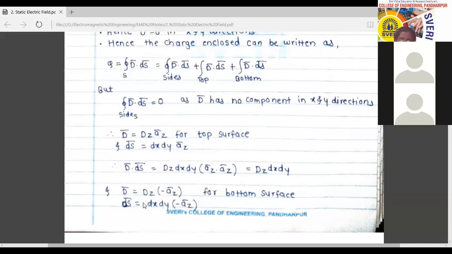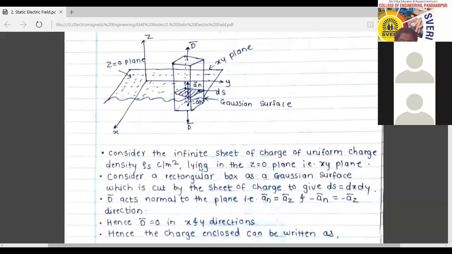Okay, now we have to find again for the bottom surface. If we consider the bottom surface, then again, just tell me, what will be D bar for the bottom surface? Minus z.